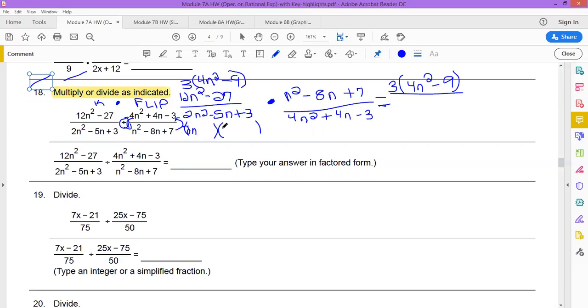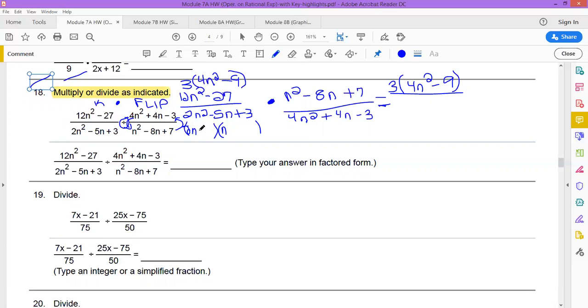So 2n and 1n would be our factors. 3 is also prime, but look at our sign for that middle term. It's negative, so although this is positive 3, we need to have 2 negative numbers in our factors. And when we multiply those 2 negatives, we still get the positive 3. So we know we have done that part correctly.